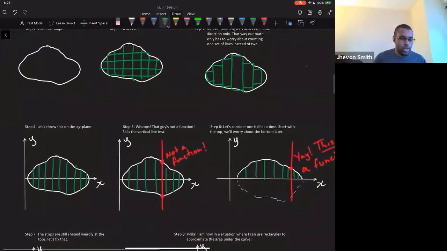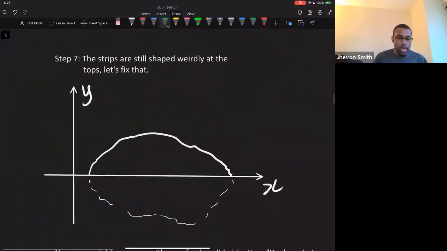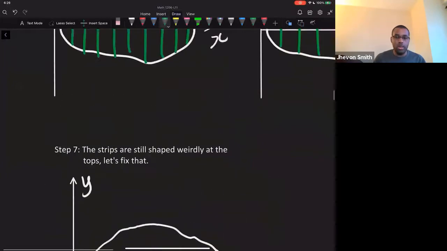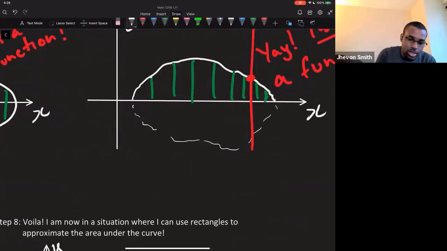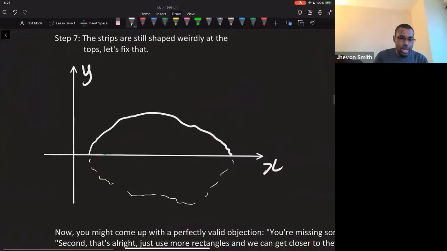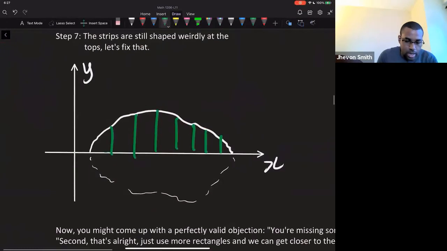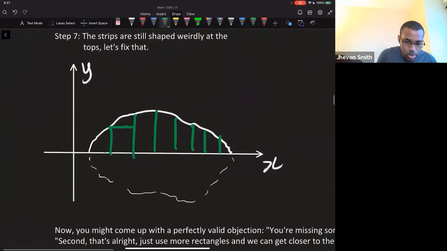All right, cool. So now we're down here. The strips are still weird because you'll notice that the tops are still irregular, right? So you'll see the top here. These are irregular. So what you can do now is make them a little bit nicer by just slicing off the tops, right? So boom, boom, boom, boom, boom, boom, boom.